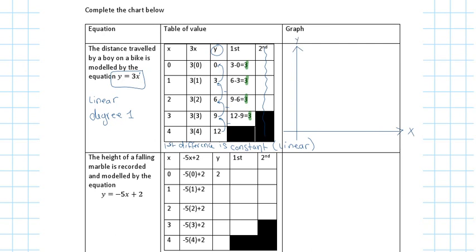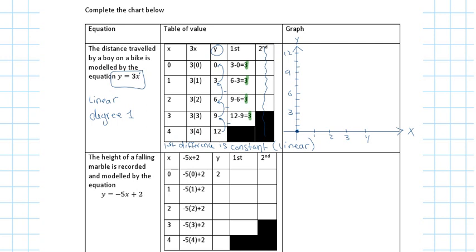So this is my 0, 1, 2, 3, 4, and then 3, 6, so my first point is 0, 0. So I can put that right here at the origin.